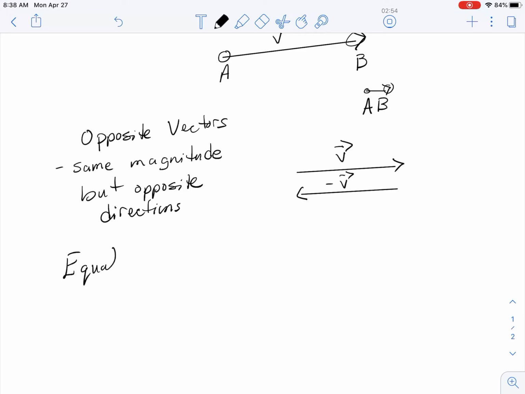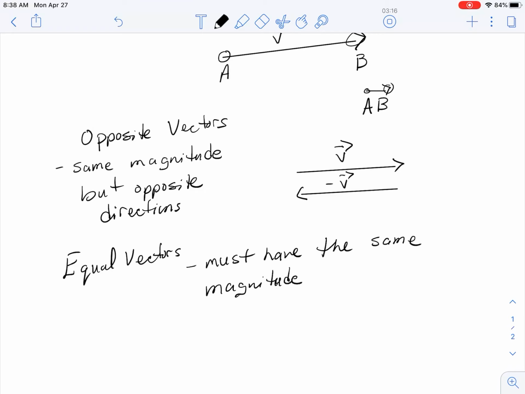So likewise, when you have opposite vectors, you can also have equal vectors. Take a second to yourself and say, what might equal vectors be? And I bet you're going to come up with the same thing I'm going to write. They must have the same magnitude and direction.